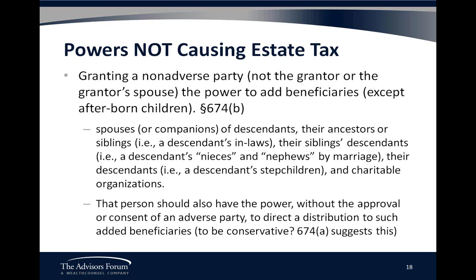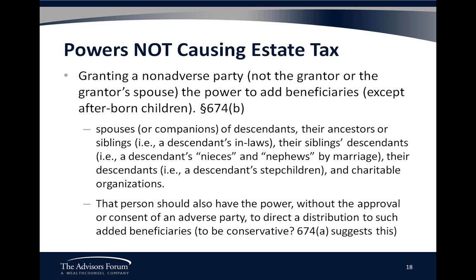Just the power to add a charitable organization is enough to make it a grantor trust. And that's a, quote, safe way of doing it: skip all the stuff I said before it and just give a non-adverse party the ability to add charitable beneficiaries. And then this is more, again, back and forth, depending upon how conservative you might be. There are some that say that the person should also have the power to direct the distribution to this additional beneficiary.